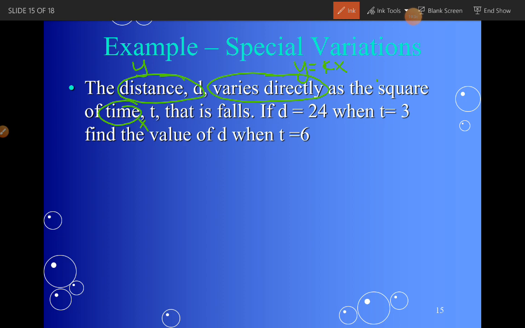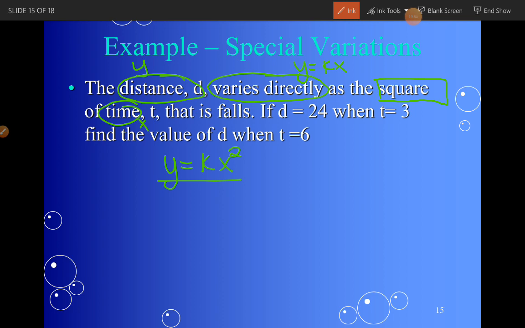But here's the kicker right here. It says the square of time. So if I have y is equal to kx, the x is actually going to be squared. So that would be my new equation.